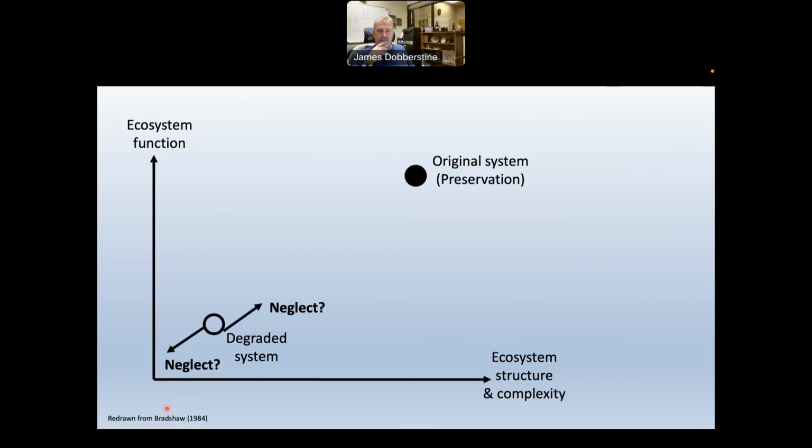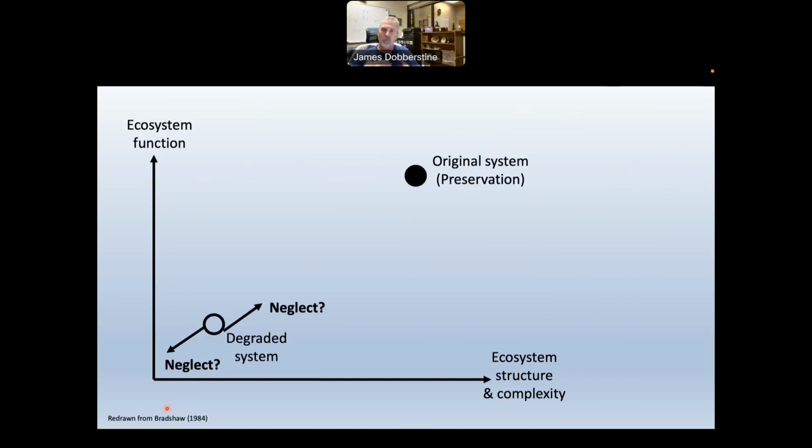So one choice is always don't do anything. You're just going to let it continue to degrade. And generally, when you have a degraded system, if it's highly degraded, it's going to continue to go in that direction. But that direction can be either worse, or in some cases, if some of the original community is there, there are instances where that community can be somewhat self-healing.